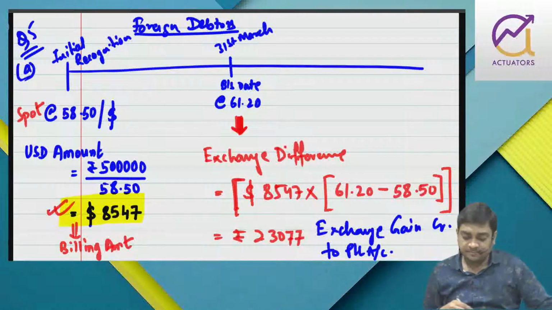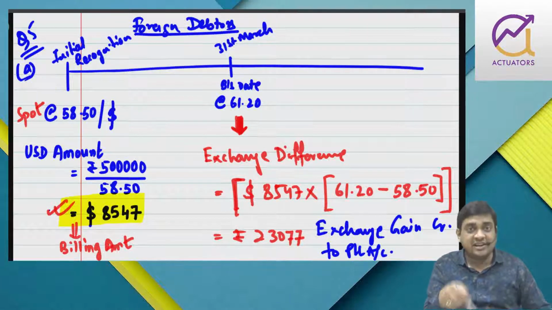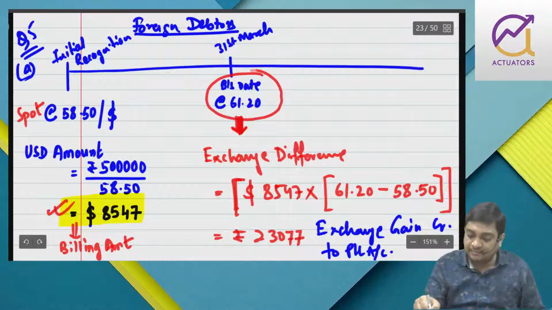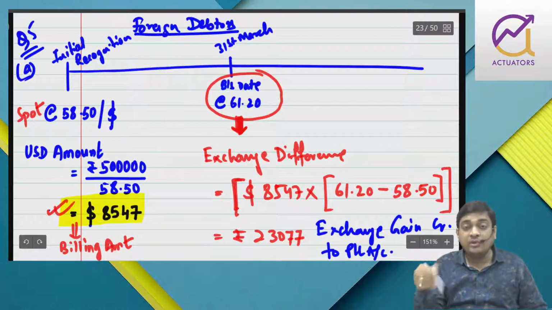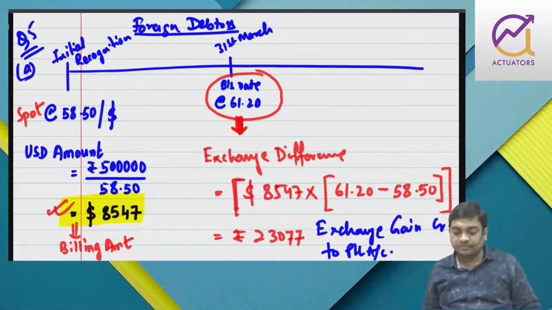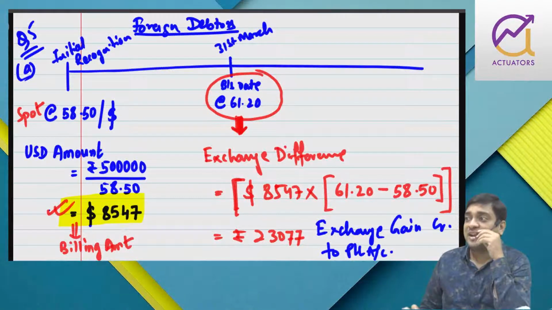So you know the Indian rupee converted figure and you know the spot exchange rate, so you get to know the billing amount. Now on the balance sheet date, you are going to revalue this foreign debtor, right? I guess this is absolutely fine with all of you.